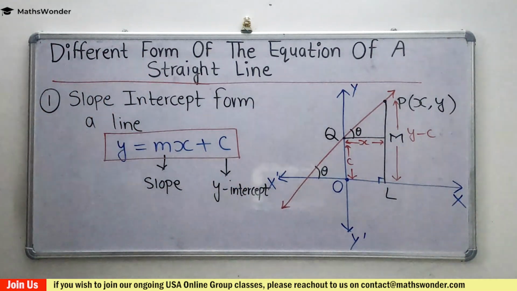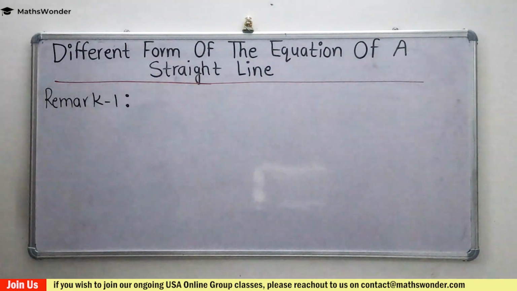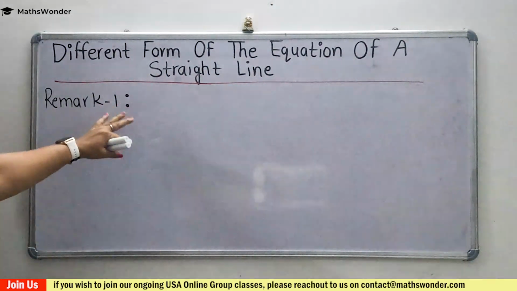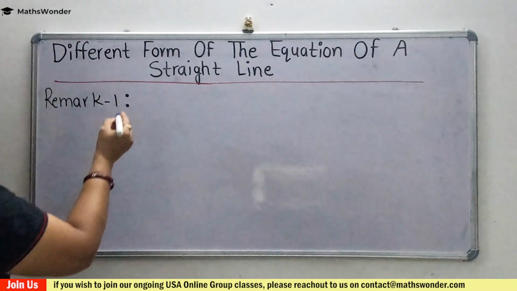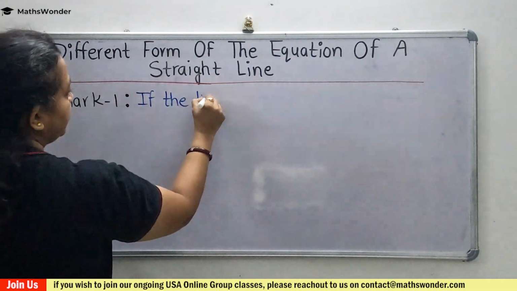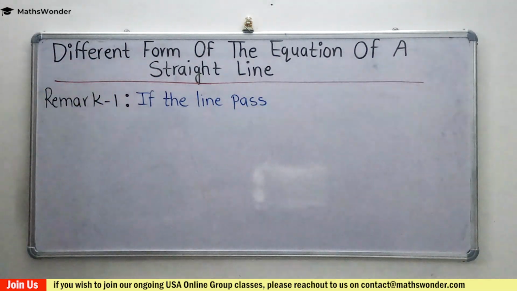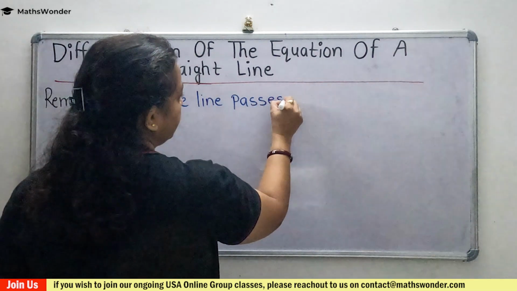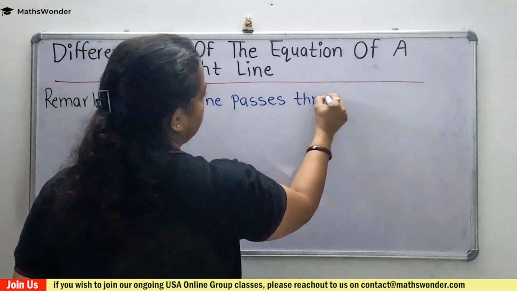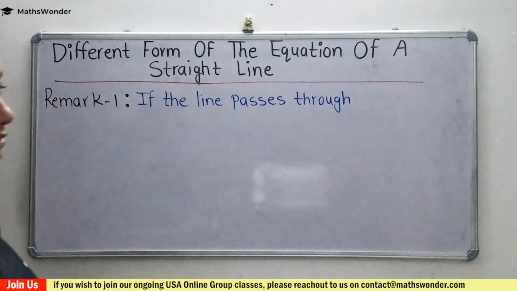Now two important remarks you have to write down with this concept. Write down: if the line passes through the origin.